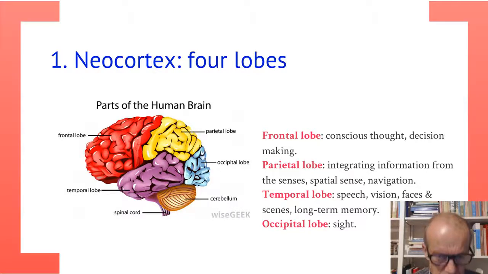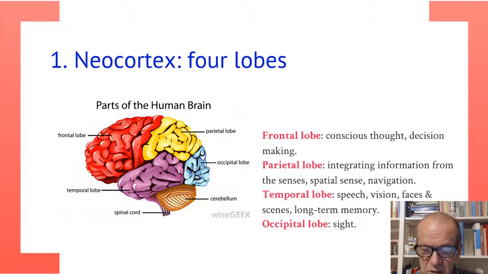The frontal lobe, the parietal lobe, the temporal lobes on both sides, and the occipital lobe, which is at the back, and which serves all kinds of visual information processing functions. And then the cerebellum, which is also a very important part, but which is not a part of the neocortex.